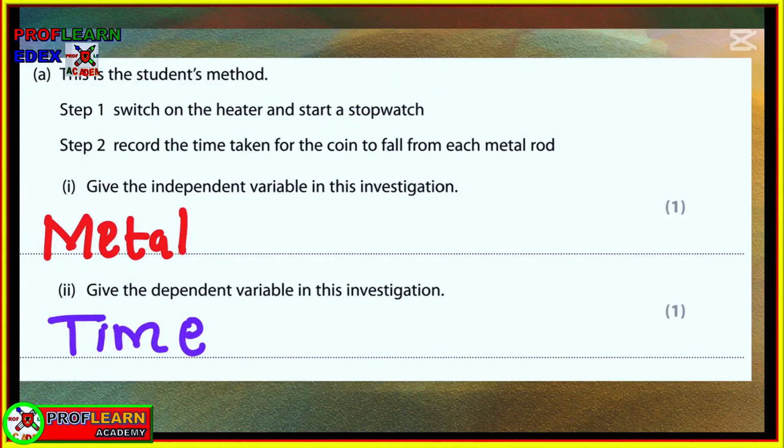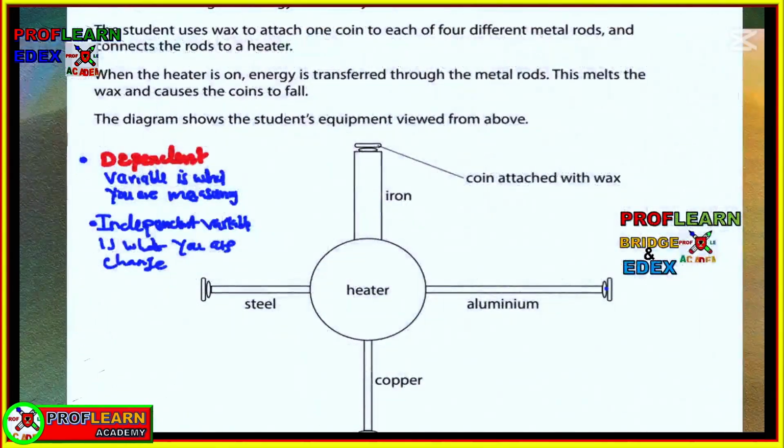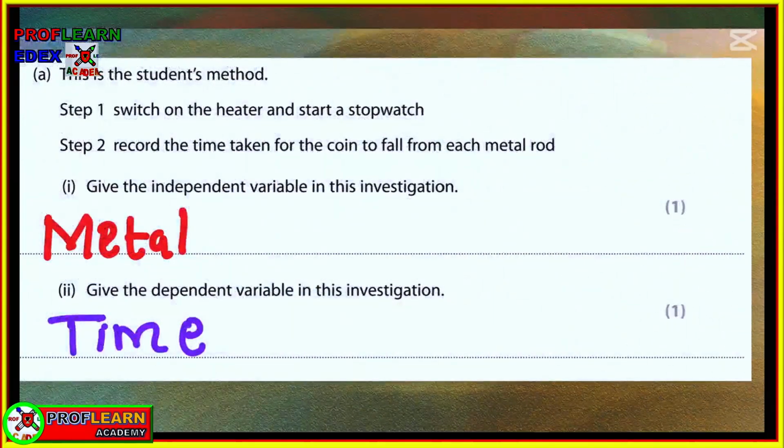So give the dependent variable in this investigation. Independent is the metal, because you are looking at different metals. That's what you are changing. But the dependent is the time. What you are measuring is the time in that case.